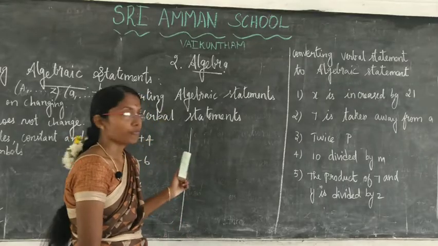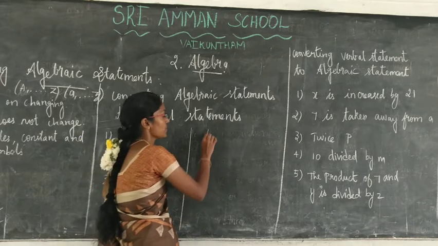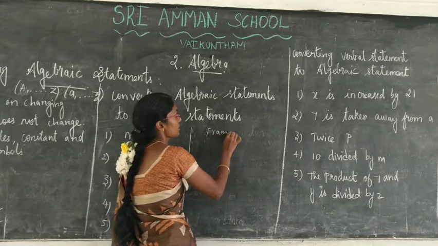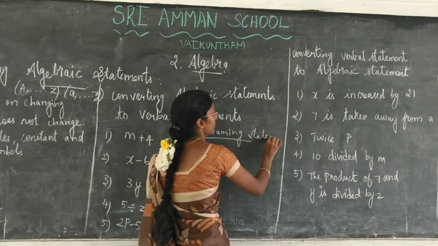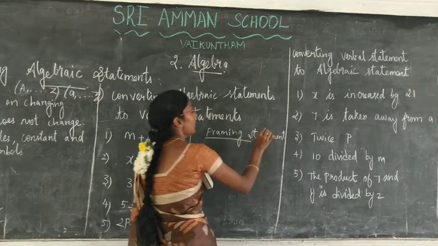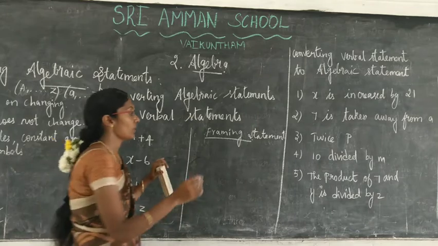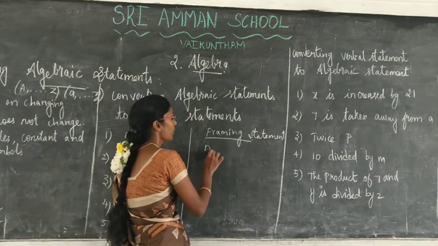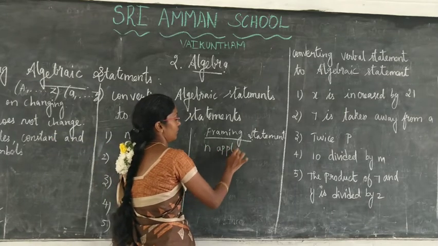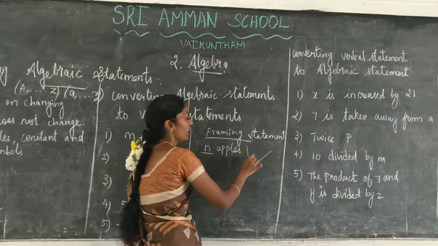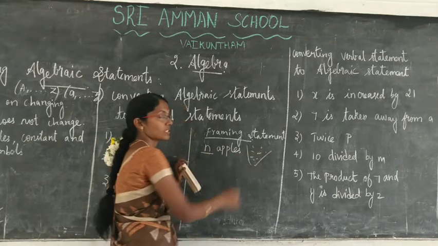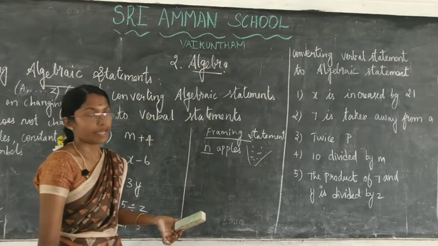Next one, first you should know how to frame the statement. Framing statements. Suppose you consider n number of apples in your basket. You don't know how many apples are in your basket.